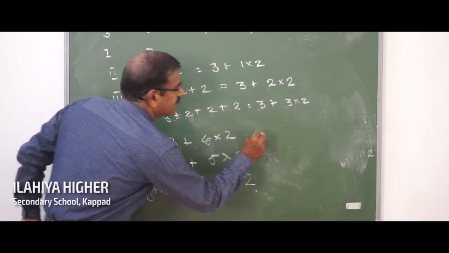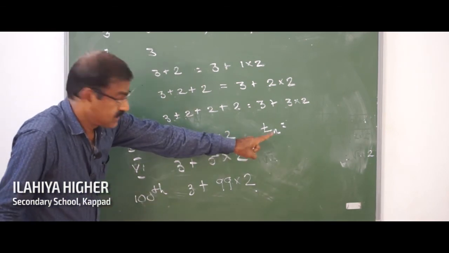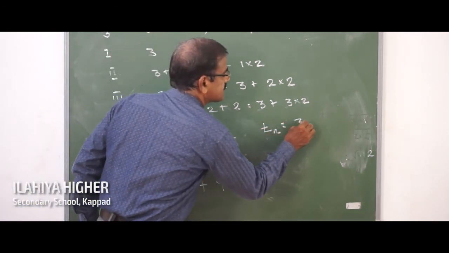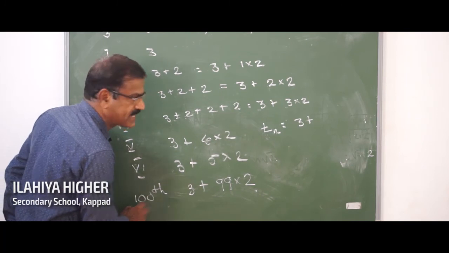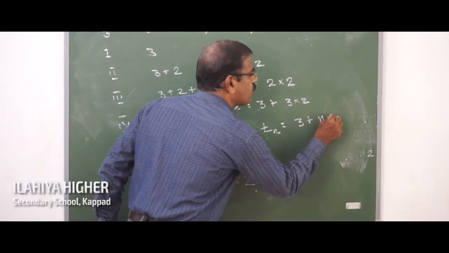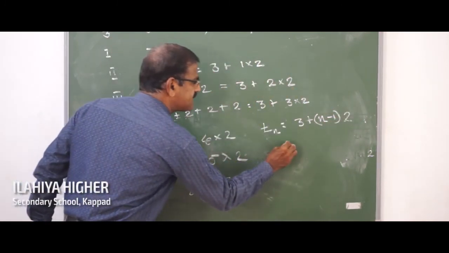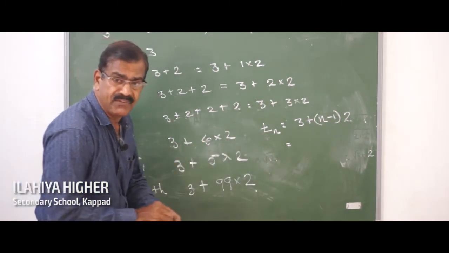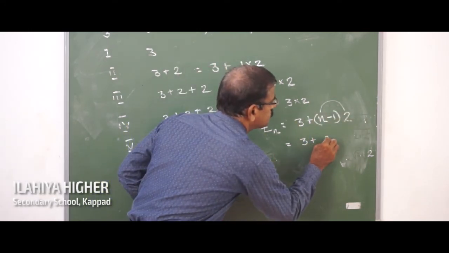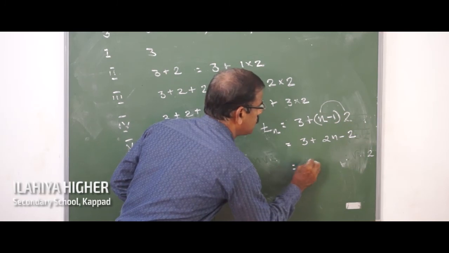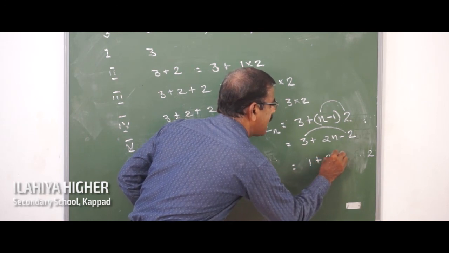Let us represent the nth by tn. So the nth one is 3 plus, see, 99 is got by subtracting 1 from this 100. So the nth one is got by subtracting 1 from n. So n minus 1 times 2. Then we may simplify this. We know simplification. So 3 plus, you remove brackets, 2n minus 2, is equal to 3 minus 2 is 1, 1 plus 2n.